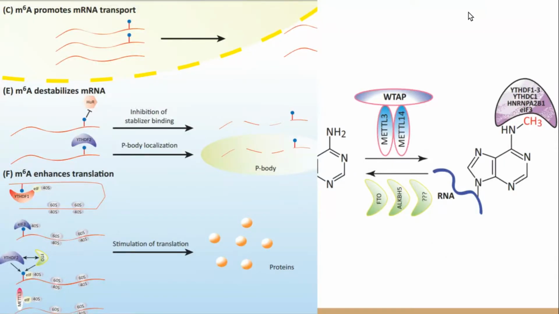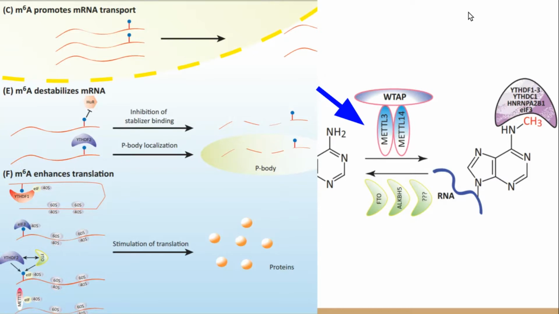After splicing, capping, and polyadenylation, mRNA can also be methylated at adenine residues, in addition to a bunch of other modifications that I don't really have time to talk about. But this methylation is called M6A, and it's by far the most studied post-translational RNA modification. M6A is catalyzed by a complex of METTL3 and METTL4, and is actually reversible by the demethylase FTO that you see below it.